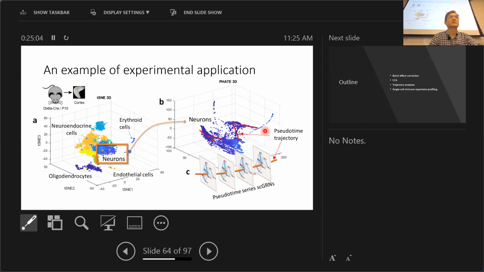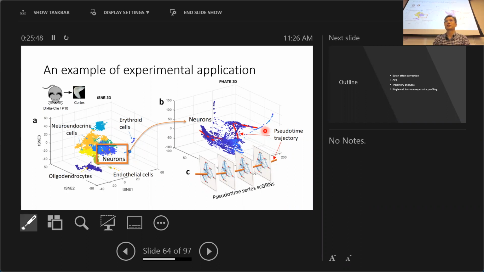Any questions at this moment? For this kind of analysis, we have to make sure the cells, in addition to time, have the other factors be similar. Otherwise, maybe it's not in time. That's right. If you don't know what other factors will impact the gene expression profile of every cell, then the trajectory you create may reflect the change of other factors.